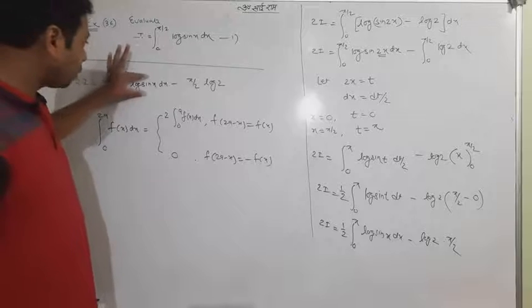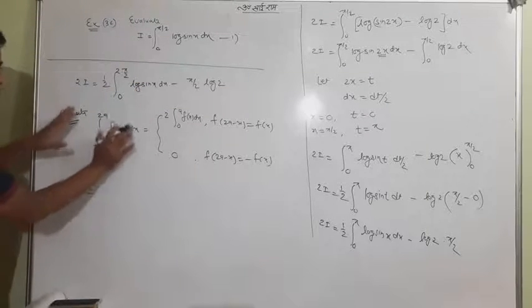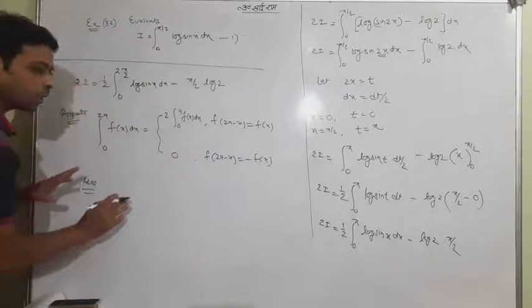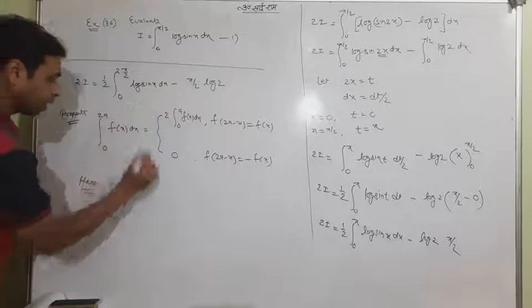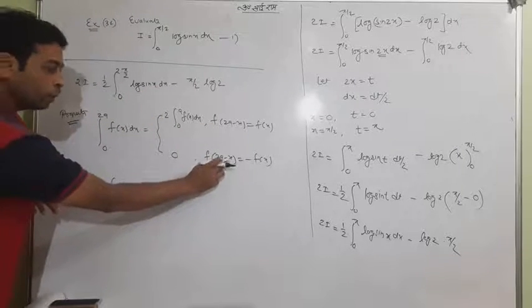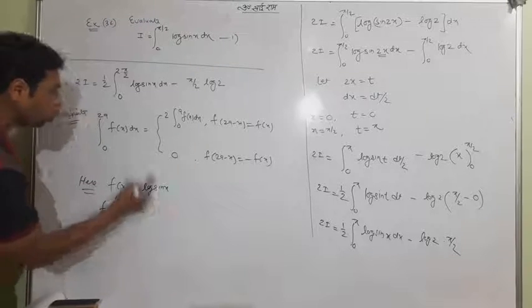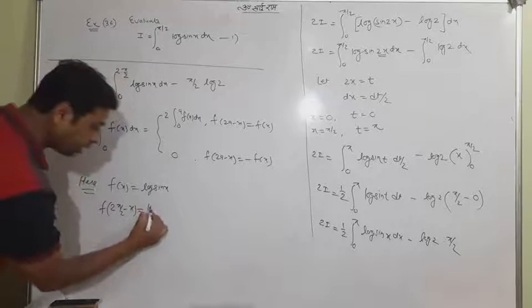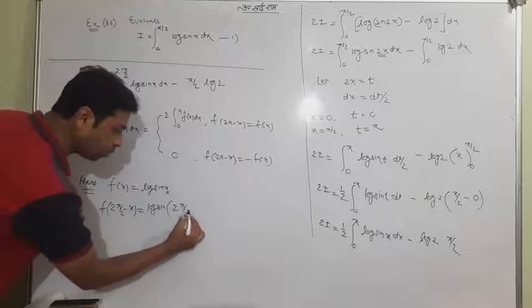So I have a function log sin x. This is a property, written just for understanding. It is not necessary. What function do we have, guys? Log sin x. So I will check 2a minus x, meaning instead of x I will write 2a minus x.